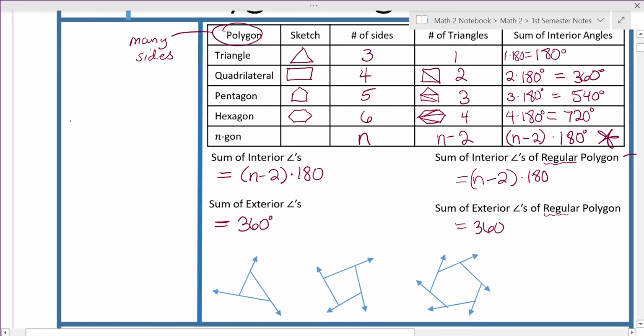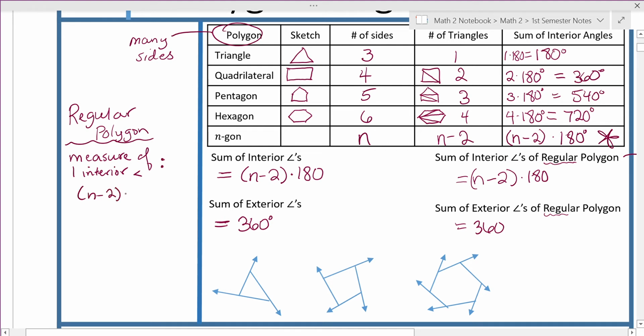So if we have a regular polygon, where we know that all the sides and angles are congruent, then we can find the measure of one interior angle. It would be n minus 2 times 180 divided by n.